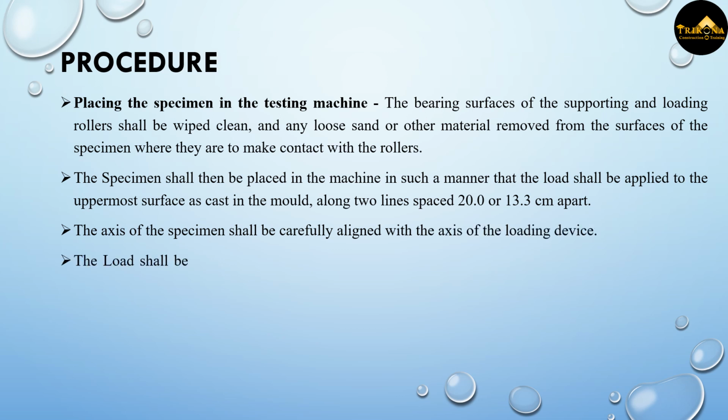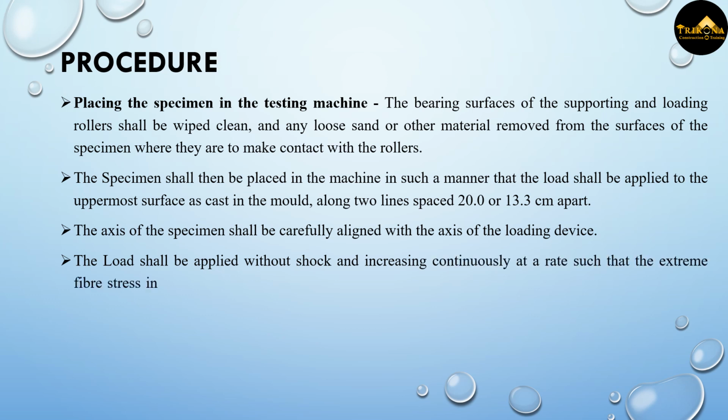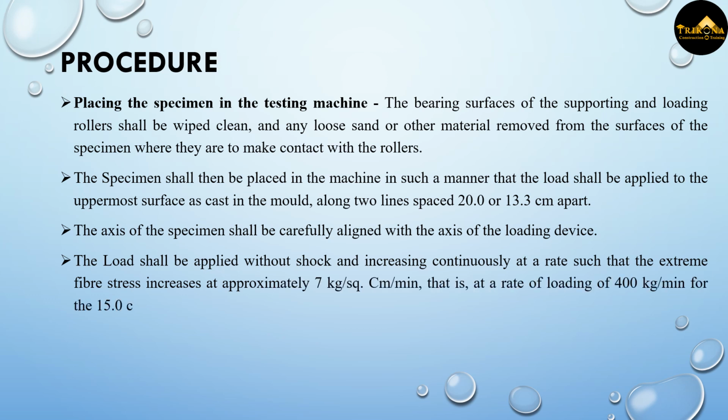The load shall be applied without shock and increasing continuously at a rate such that the extreme fiber stress increases at approximately 7 kg per square centimeter per minute, that is, at a rate of loading of 400 kg per minute for the 15.0 cm specimens and at a rate of 180 kg per minute for the 10.0 cm specimens.